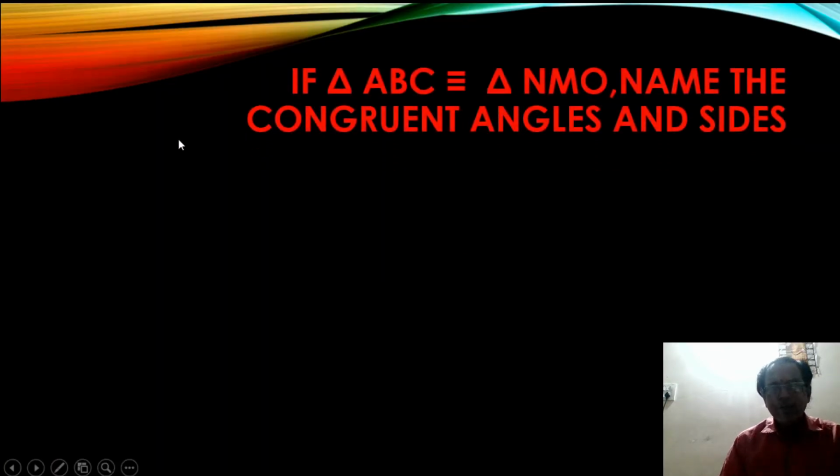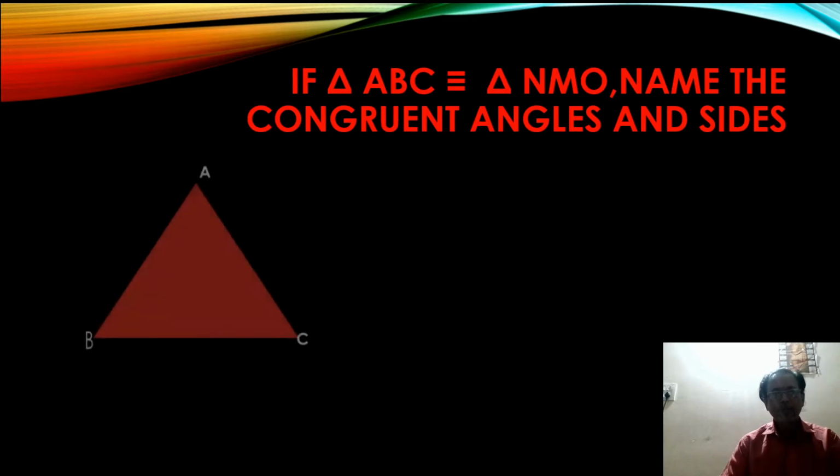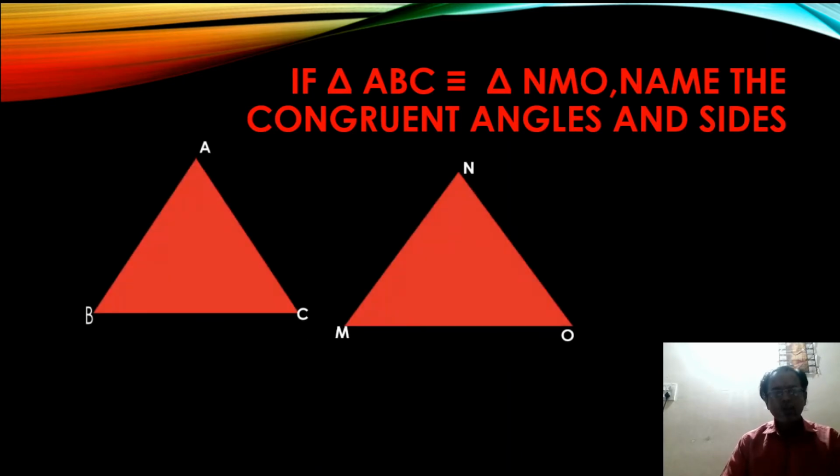So now let us see the next question. If triangle ABC is congruent to triangle NMO, name the congruent angles and sides. Very simple question, children. So here the given triangles are ABC and NMO. By congruent triangles, we know that their corresponding sides are equal.